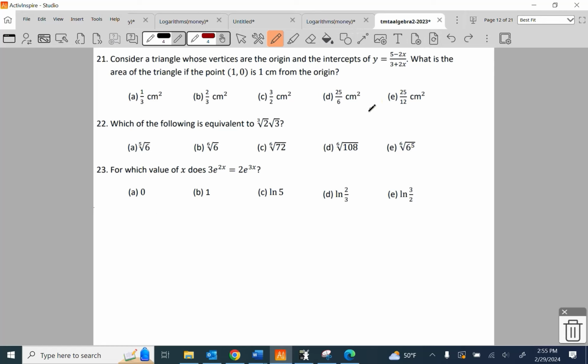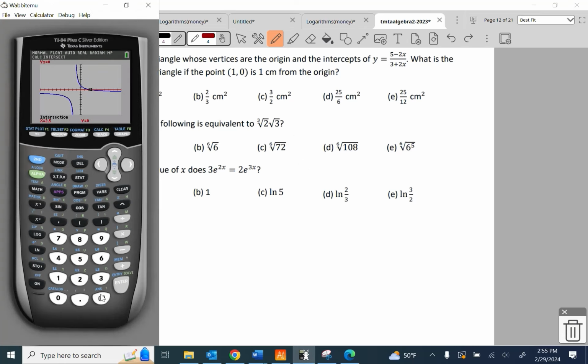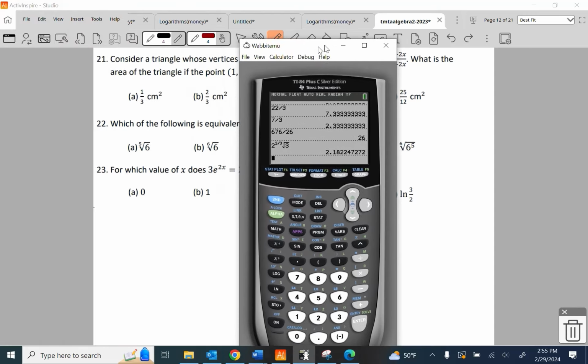Which of the following is equivalent to the cubic root of 2 times the square root of 3? Kind of interesting in its own right, but you'd be an absolute fool if you didn't push buttons. Let's see, cubic root of 2 is 2 to the 1/3. Square root of 3, you can actually push that one in. You get 2.18 something. What is that equivalent to?